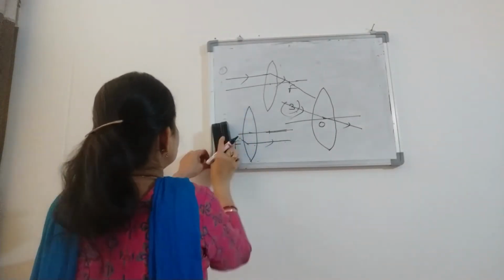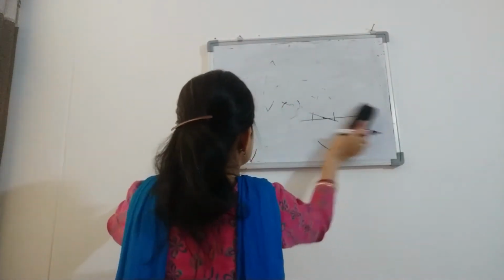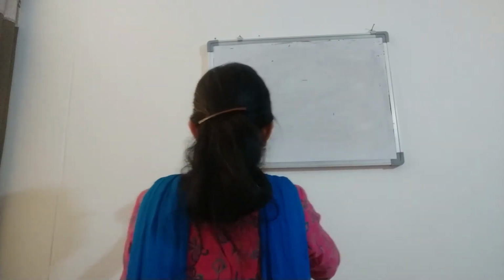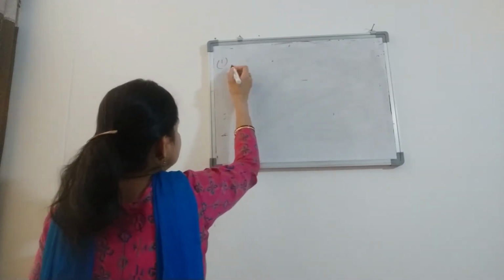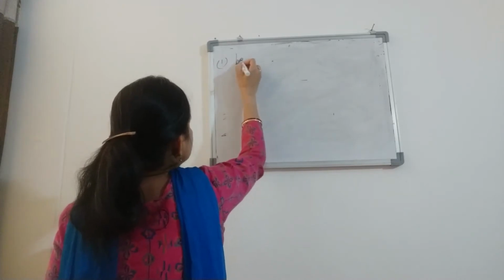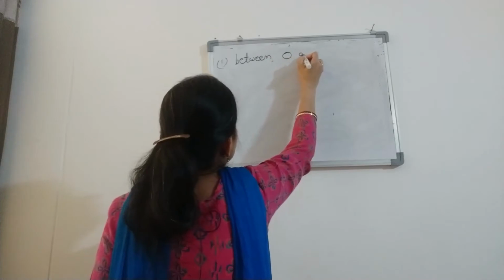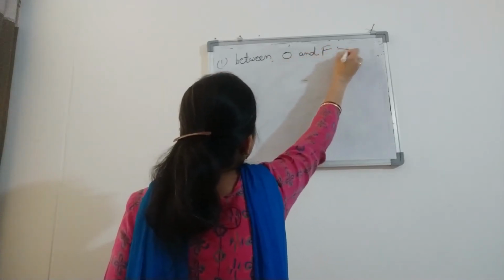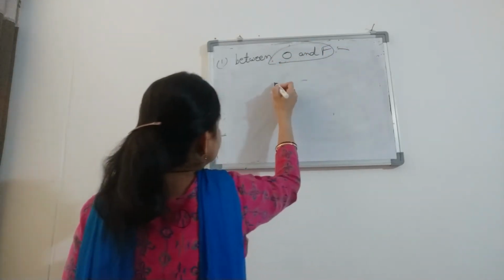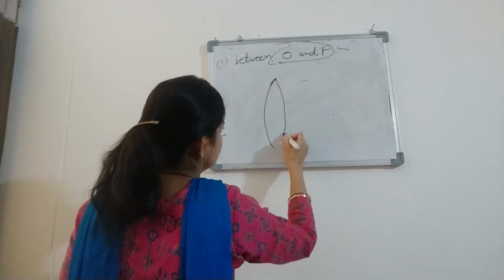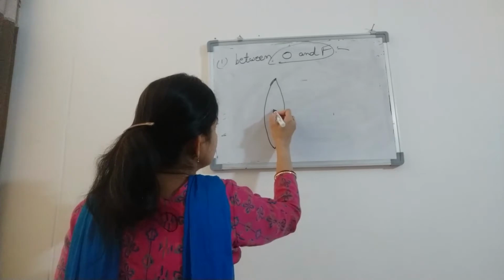So, the first situation for your convex lens. Suppose the position of the object is between O and F. This is your convex lens.